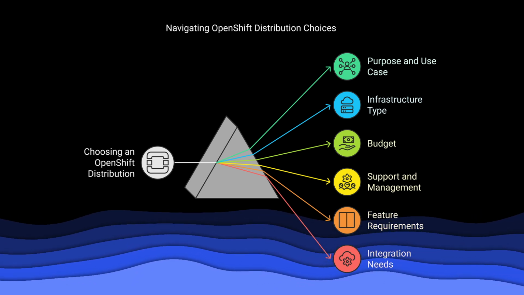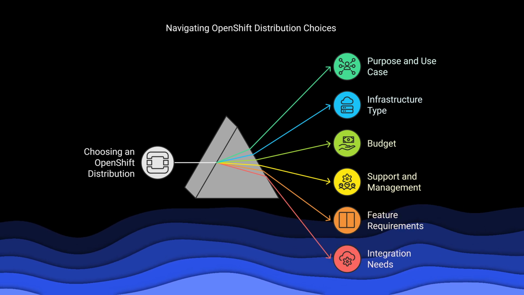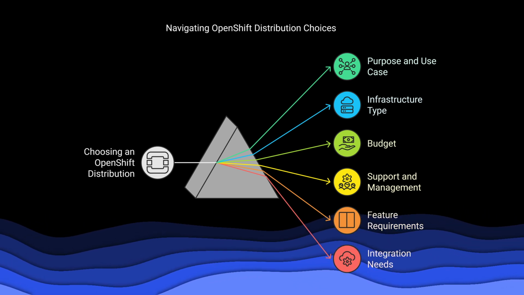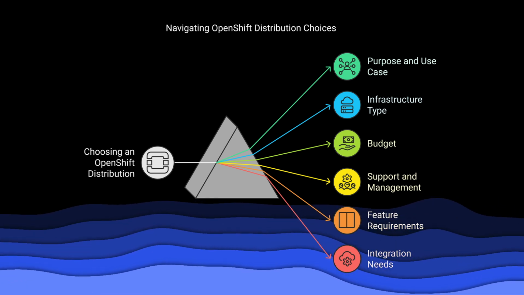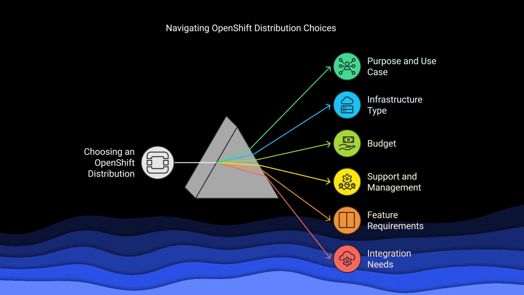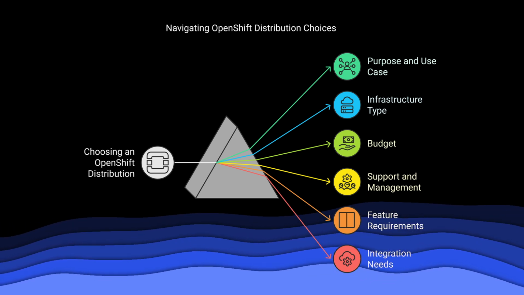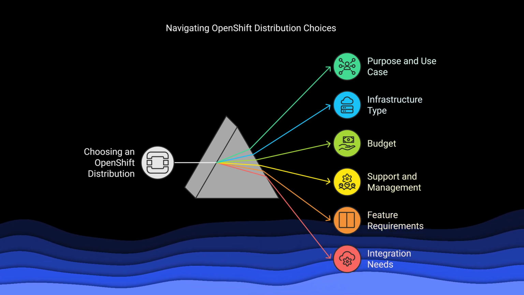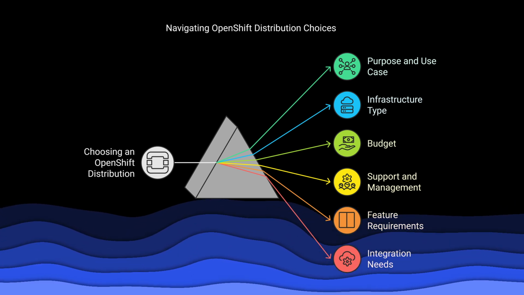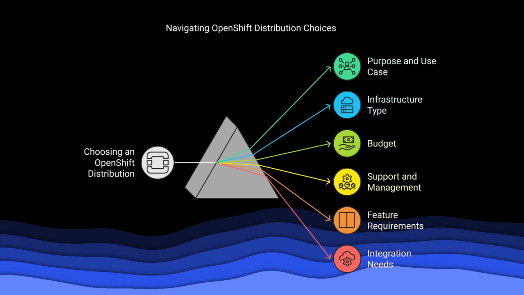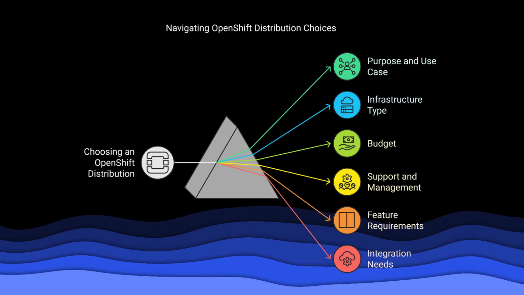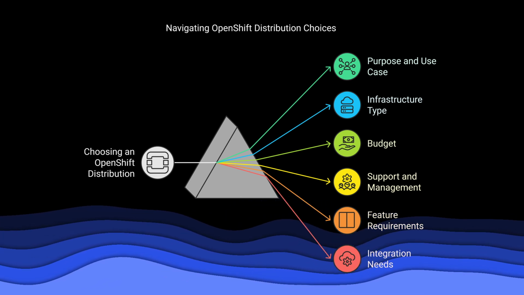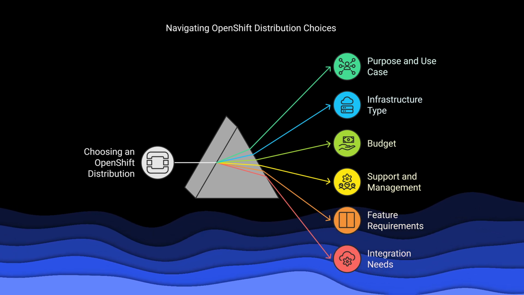Next up we have infrastructure. Where do you want your OpenShift cluster to actually reside? Are you a cloud enthusiast or are you more comfortable with on-premise infrastructure? So it's like choosing the location for your OpenShift headquarters. Exactly. If you're cloud-centric, those managed OpenShift services offered by cloud providers like Amazon, Azure and IBM might be a really good fit.